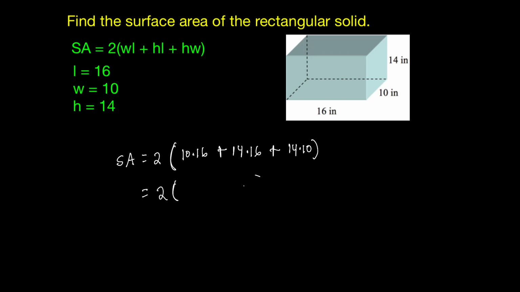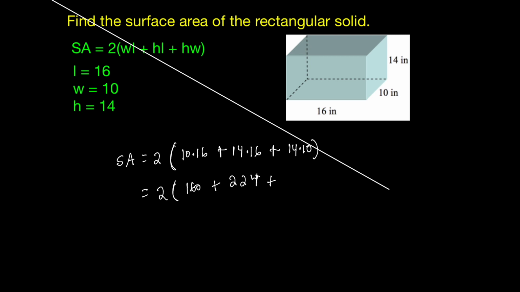So further simplifying this, here I have 10 times 16, that's going to be 160. We're going to add that with 14 times 16, which is going to be 224. And finally, we're going to add it with 14 times 10, which is going to be 140. I can simplify by adding everything that's inside of the parentheses.